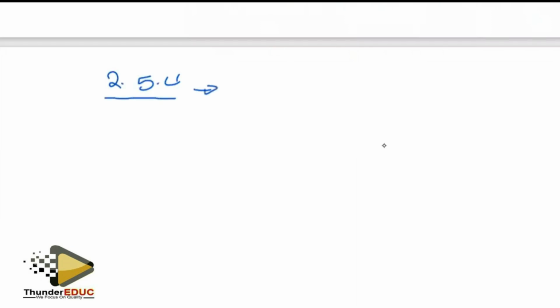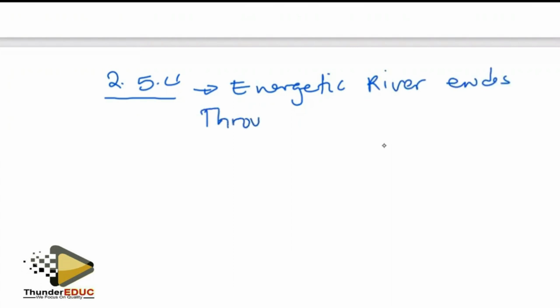So we could say an energetic river erodes through the watershed.